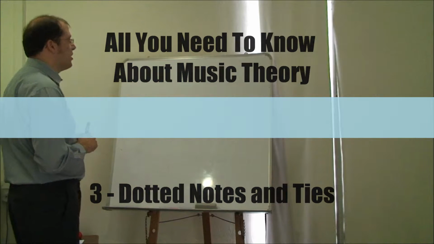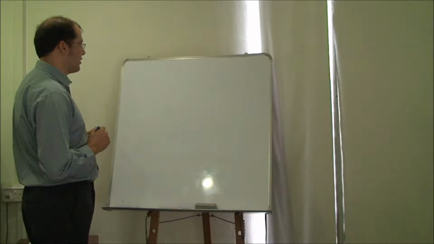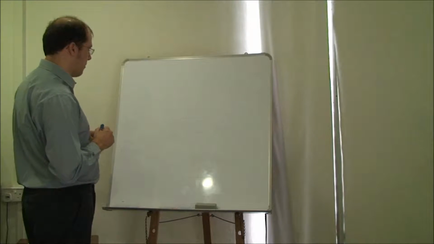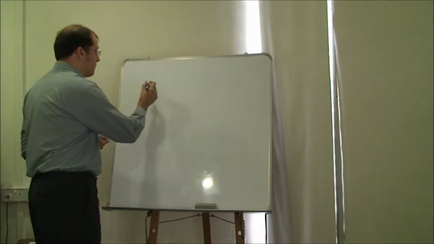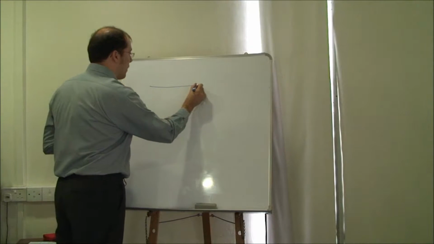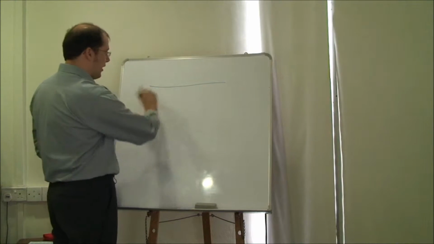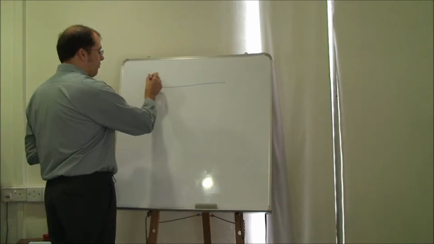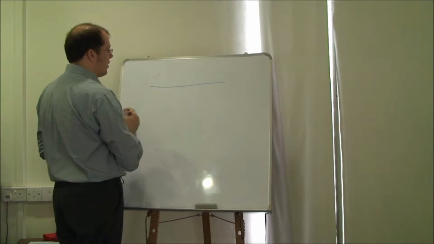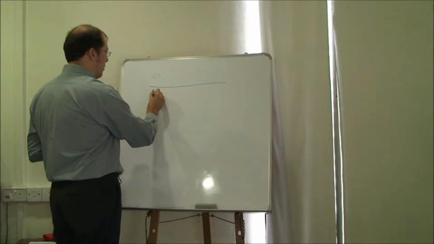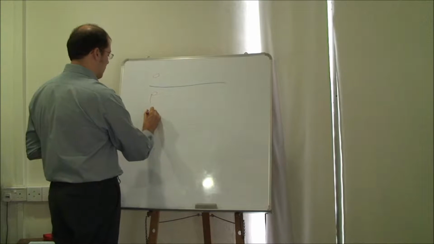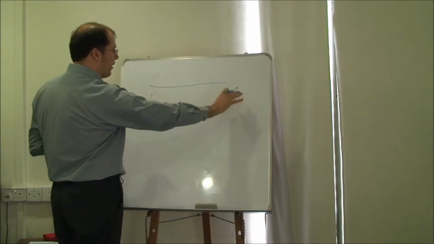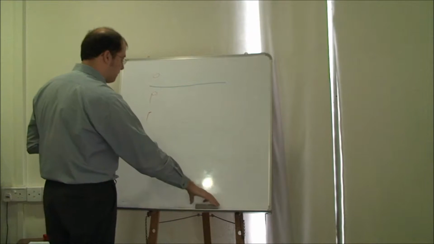Now that we've learned the basic principles of note names and rests, we can extend the concept a little bit. Before, we had a line, and we said that this line was some unit of time long. So let's say it was a minim long, or a half note, or a crotchet, or whatever unit of time we wanted to call that.